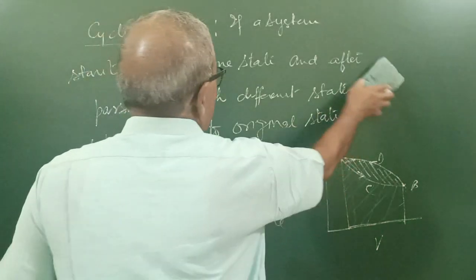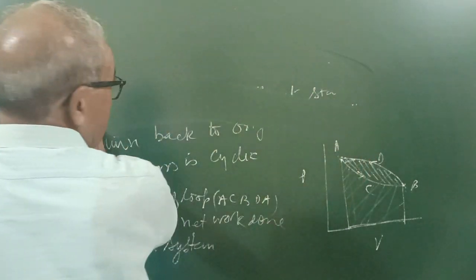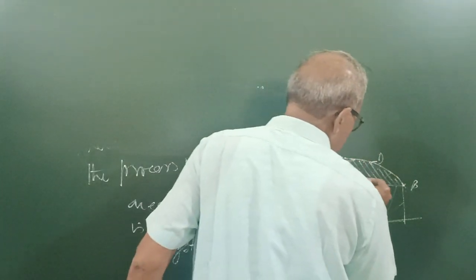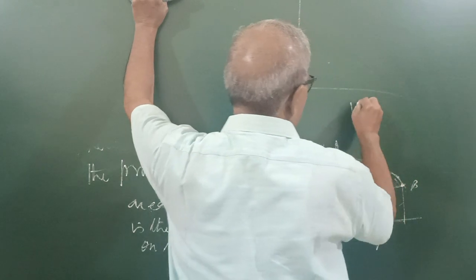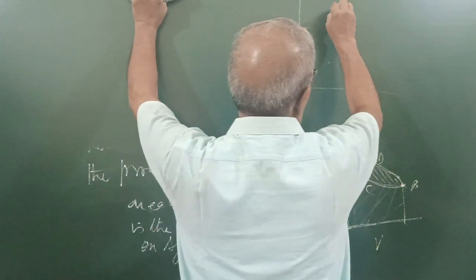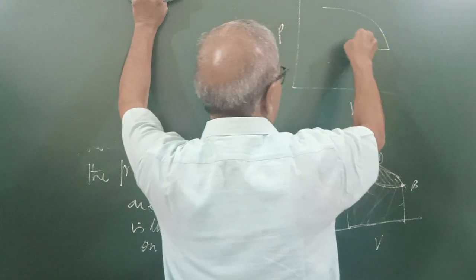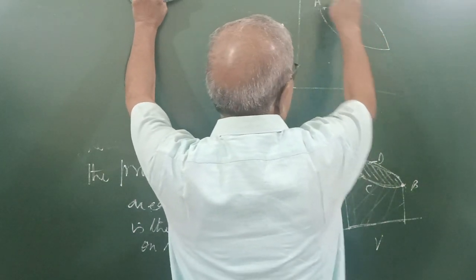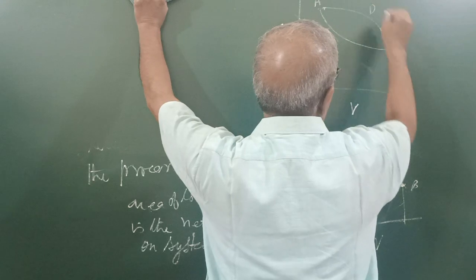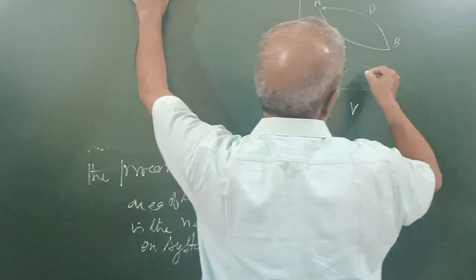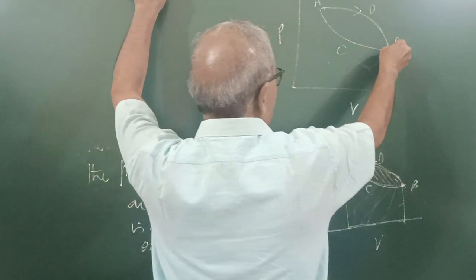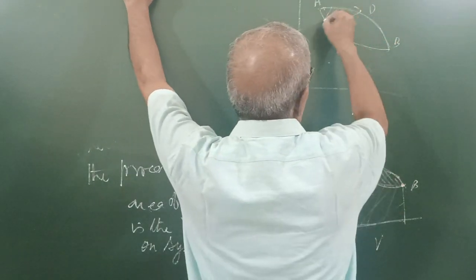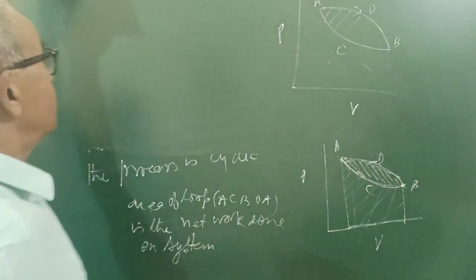If the cyclic process is anti-clockwise like this, work is done on the system. If you take clockwise, suppose a PV graph like this, state A to B, B to C, then the work done in expansion is more than in compression, and this area will be the work done by the system.